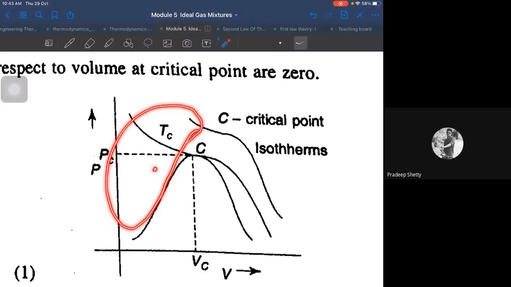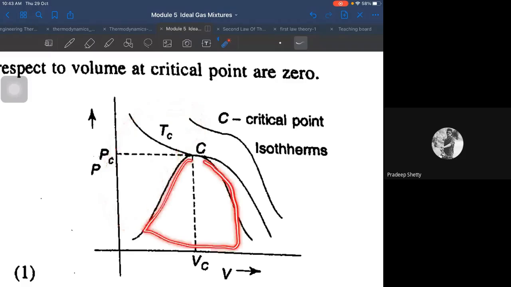Liquid. And in this region, both, very good. In this region, liquid plus vapor, both the things exist.